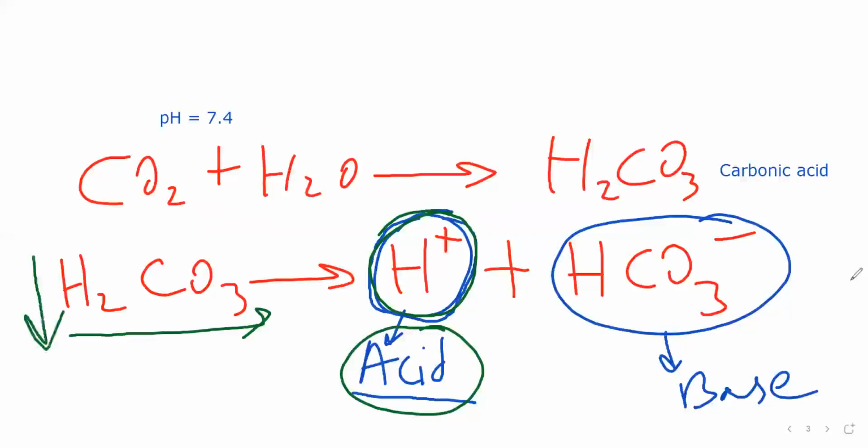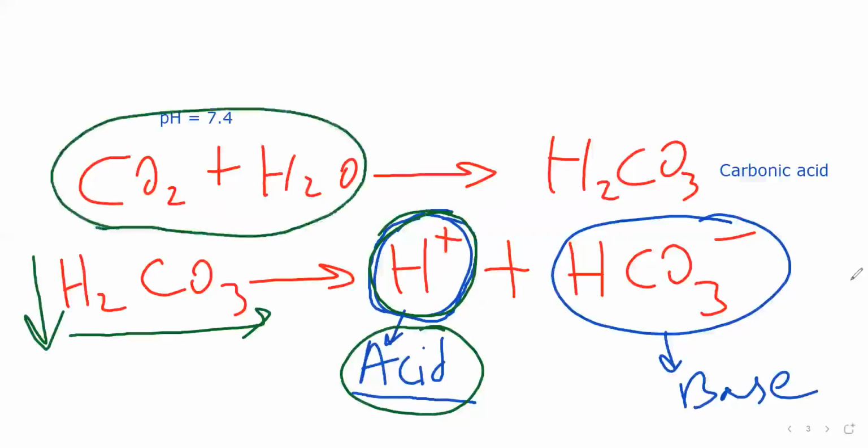It brings me back to another aspect. Question again, where does carbonic acid come from? Carbonic acid we see here comes from the reaction between carbon dioxide and water. Therefore, if I want to reduce carbonic acid, what must I reduce or what must I take out? It means I must take out carbon dioxide because it is carbon dioxide that created carbonic acid after its reaction with water, and carbonic acid created the hydrogen ion after dissociation.